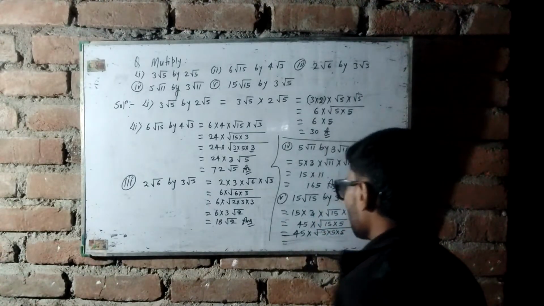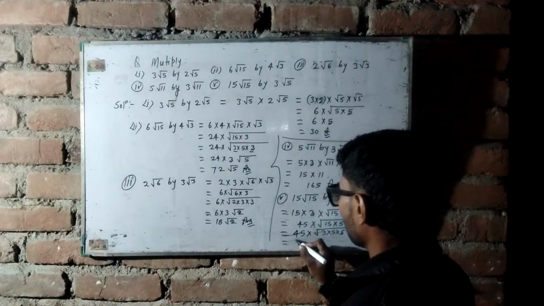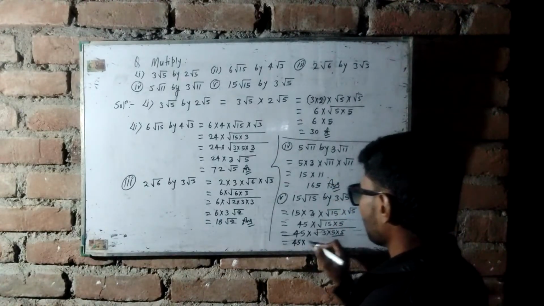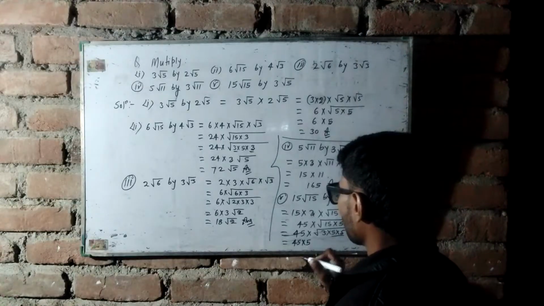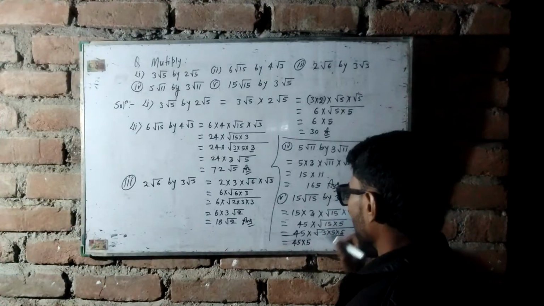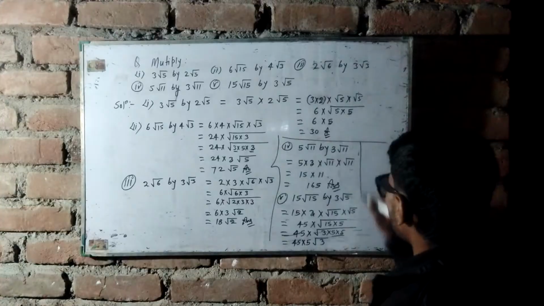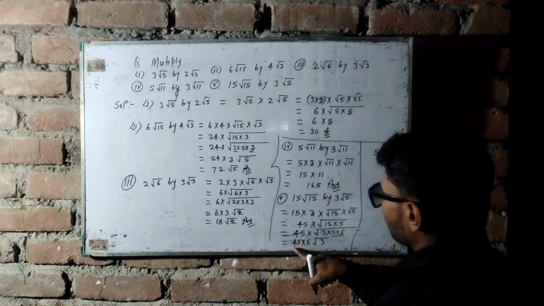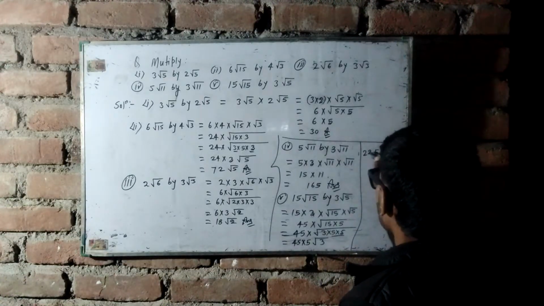So after taking the square root, here you can see 5 makes pair, so a single 5 can be taken out, and 3 doesn't make pair, so it will be under root. Okay, so you can write 5 5s are 25, carry over 4 5s are 20, 22, 225 under root 3.